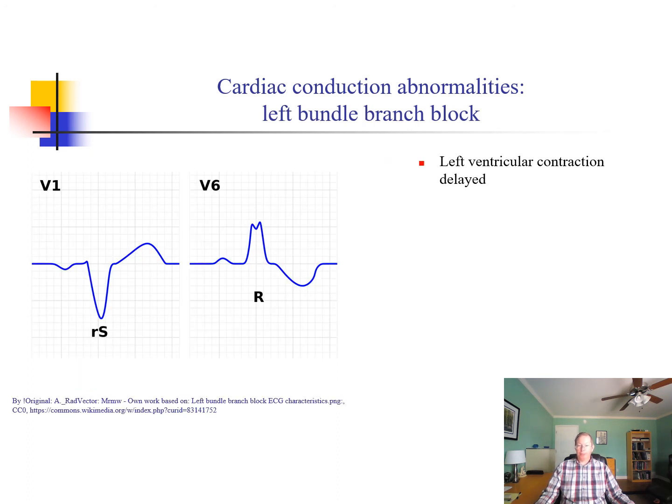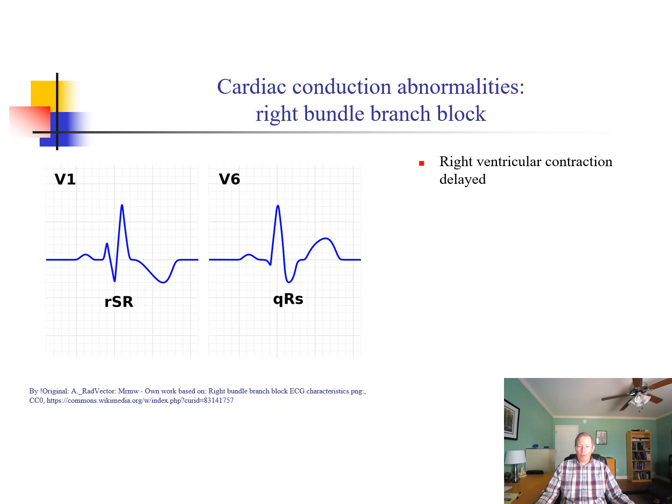So the left bundle branch block looks like this. In this case, I'm looking at the leads V1 and V6. And I see again the same kind of discordance, which I also had mentioned to you before, and a little bifurcation here. And the right bundle branch looks similar in terms of this. I get more of this up, down, up, what they call an RSR prime, or rabbit ears, again, V1 and V6.